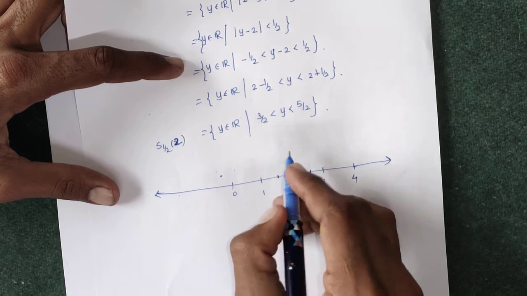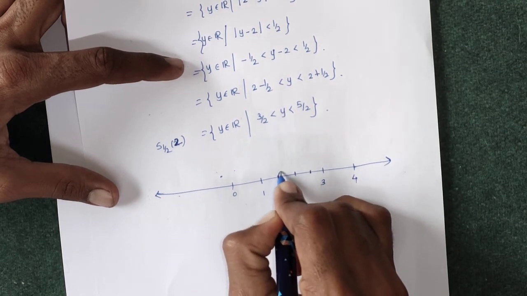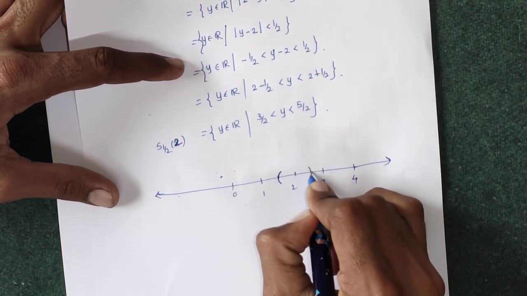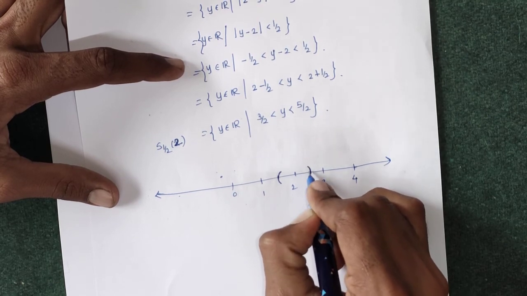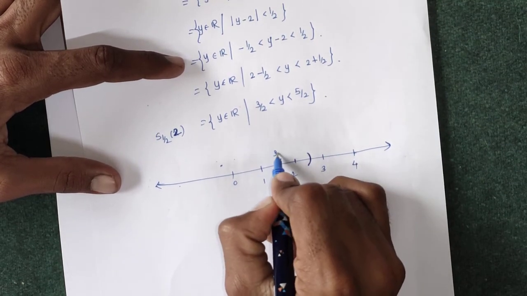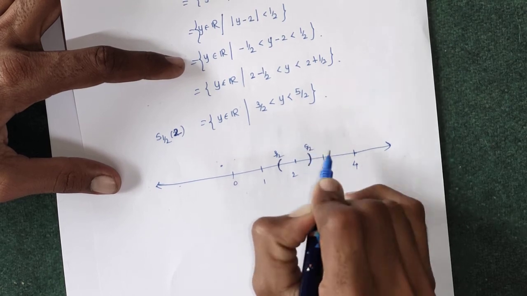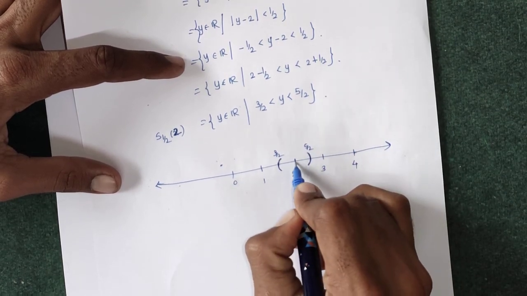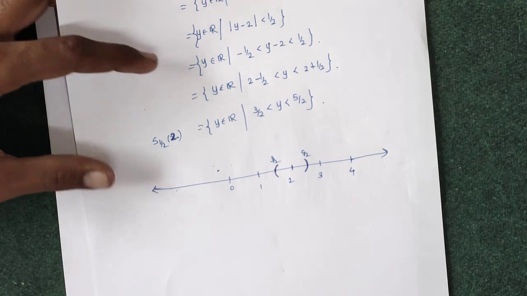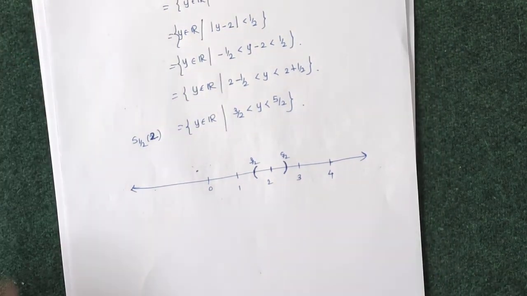And we know that open spheres on the real line with standard metric are just open intervals. So this is 3 by 2, this is 5 by 2, and this is the center 2. This is the solution. You have to draw this diagram properly using a pencil. This is the solution.